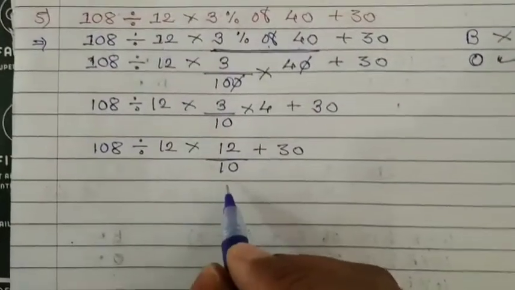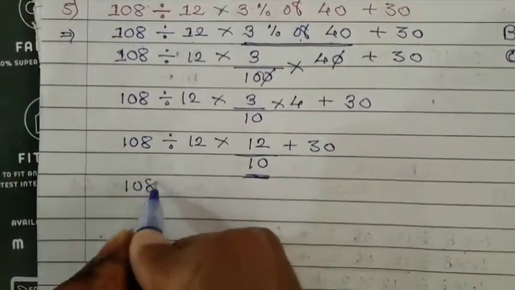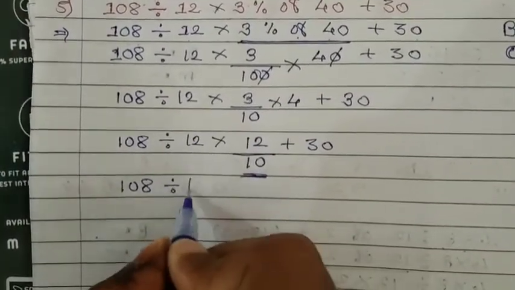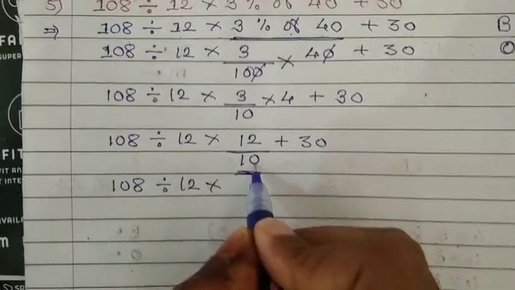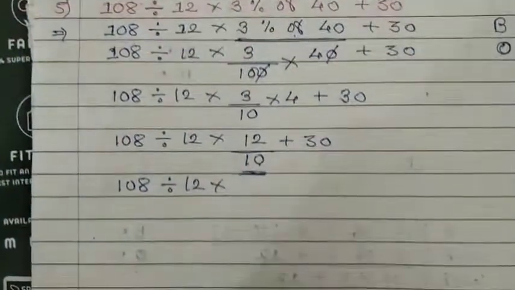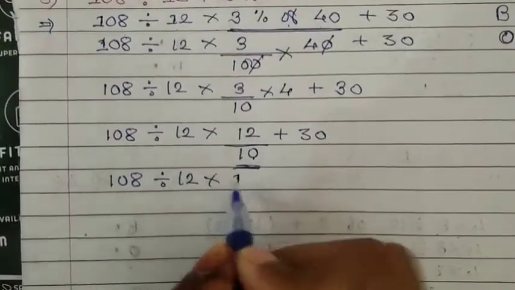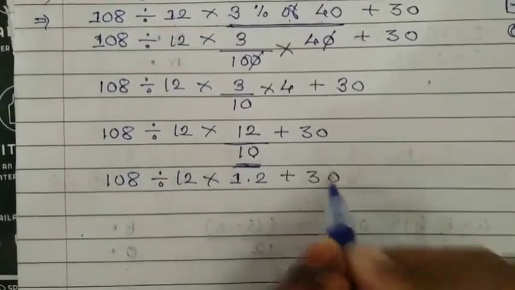We already discussed this type. With a single zero, we put a point before a single digit, that means 1.2 plus 30.